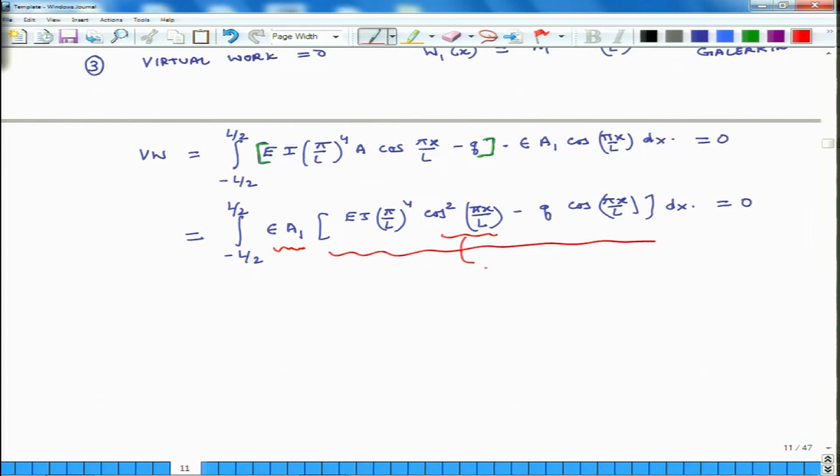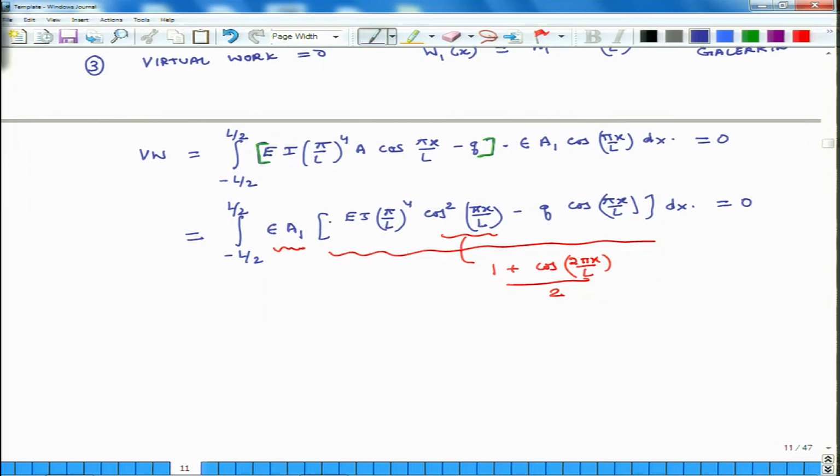This is nothing but 1 plus cosine 2 pi x over L divided by 2, because cosine square theta is equal to 1 plus cosine 2 theta divided by 2.